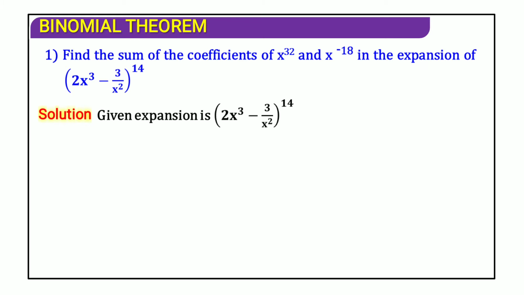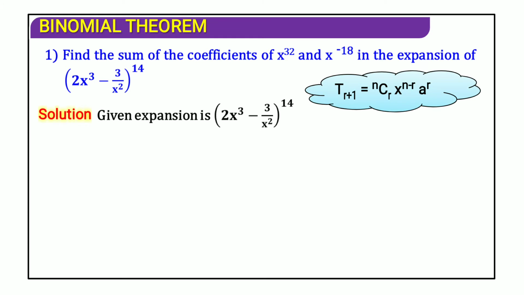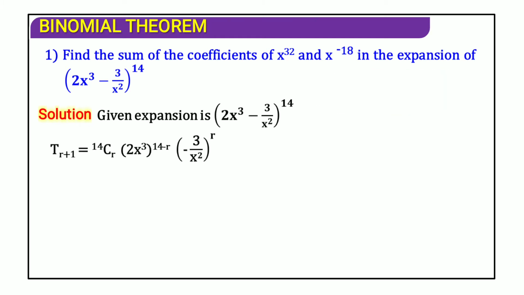How will we do this? First of all, we know the general formula of binomial expansion: T(r+1) equals nCr x to the power n minus r a to the power r. Here n is equal to 14. The value of n is 14, and r is constant here.